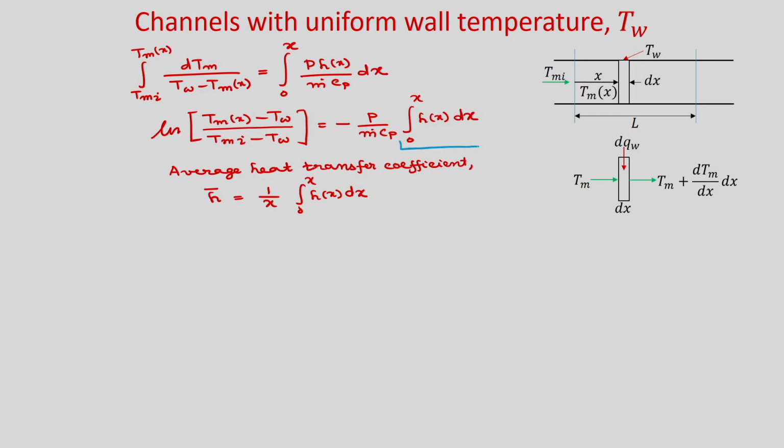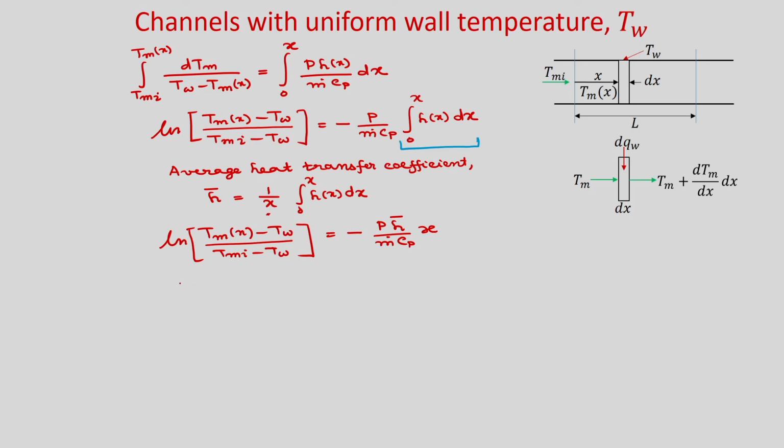Now we will substitute this part as x into h bar. If you do so, you can write ln of T m x minus T w divided by T m I minus T w is equal to minus P h bar, which is your average heat transfer coefficient, divided by m dot Cp into x.